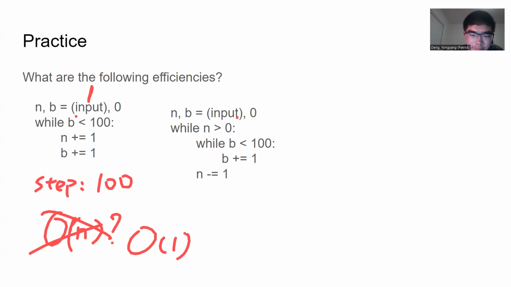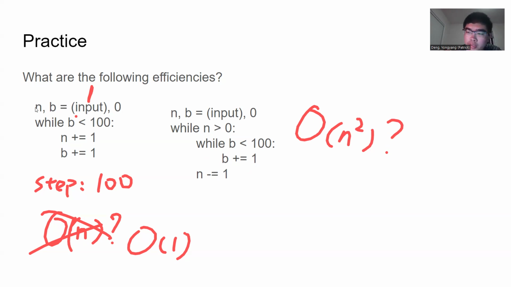So how about this one? n be input 0, while n is greater than 0, while b is less than 100. For this one, I have a nested loop. As I said, a nested loop is likely to be big O of n squared. Is that true?